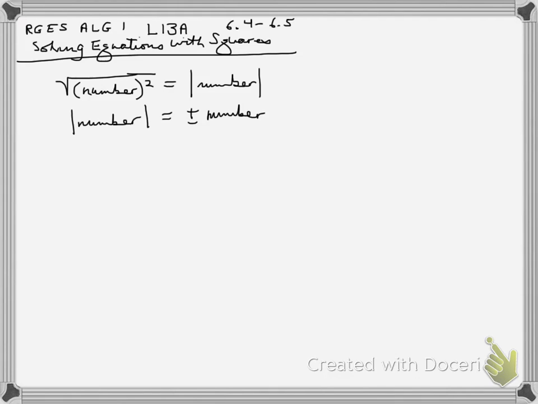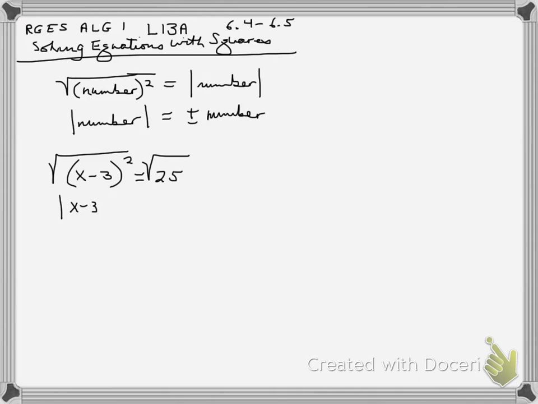Let's say we have (x minus 3) squared. There's my square, and this is going to be an equation that I need to solve. First off, I know that I do not change the equation if I take the square root of both sides. So if you take the positive square root of both sides, then this becomes, according to the rule above, the absolute value of x minus 3.